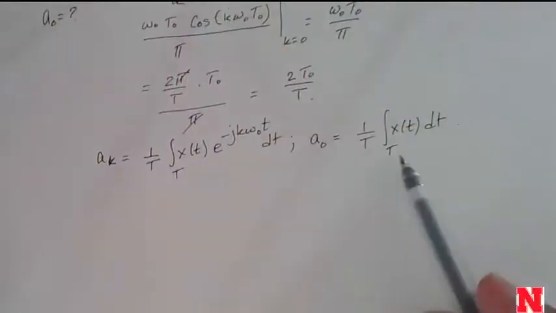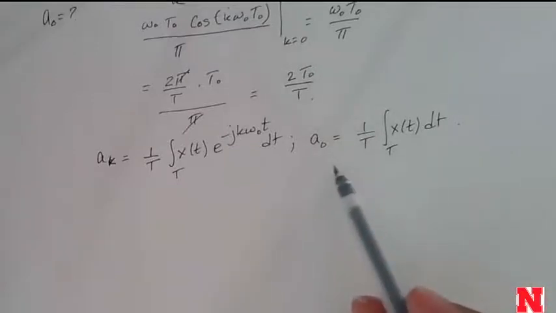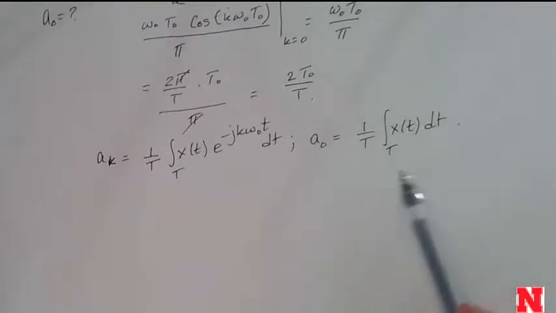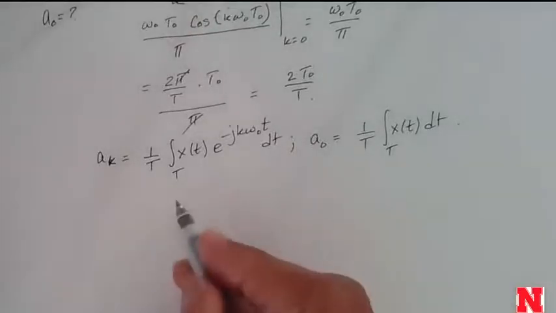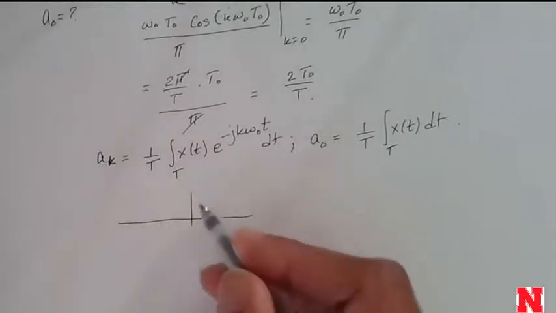So a sub 0 then is simply the average of x of t over a period. Now the average over a period is the DC value of the signal, right? And if you remember, the signal that we're looking at is this.